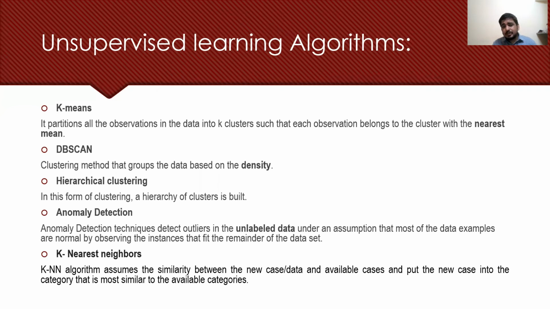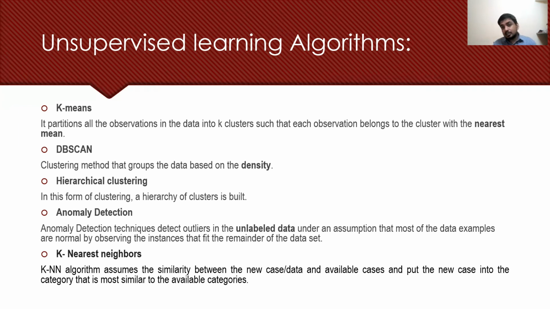It is based on the main assumption that most of the data examples are normal and they are not outliers. So, say there is a cluster in some place, and there are some data points far from it. So we can know that that is an outlier by just doing anomaly detection algorithms.